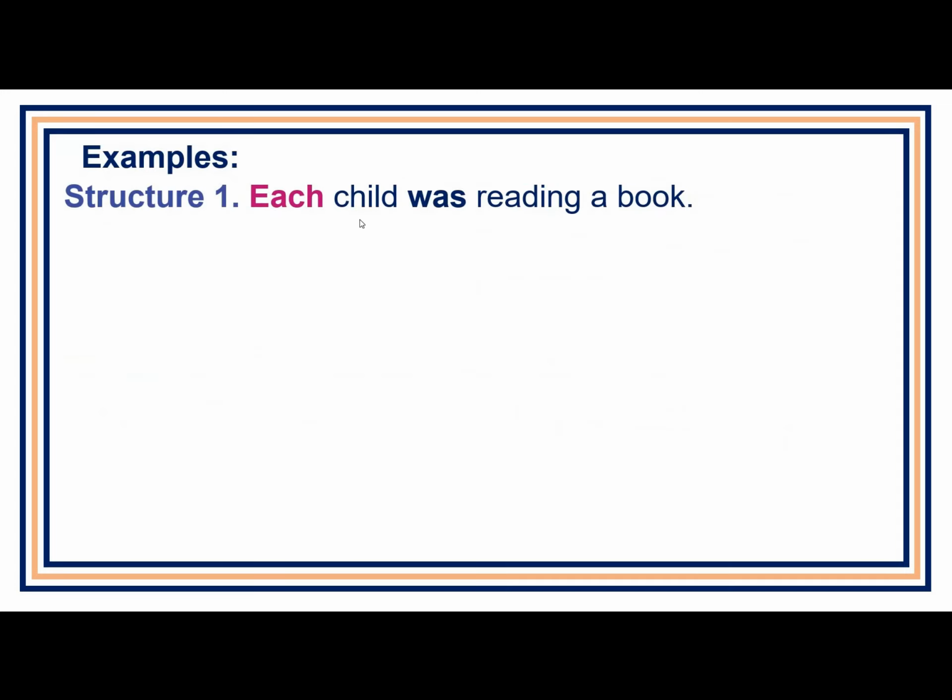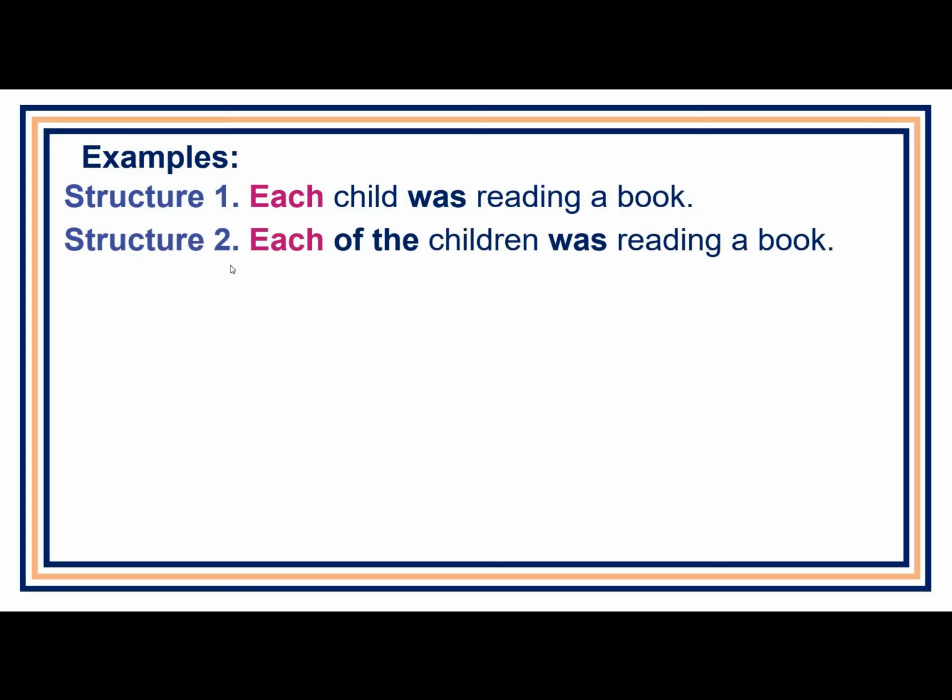Examples. Structure 1. Each child was reading a book. Structure 2. Each of the children was reading a book.